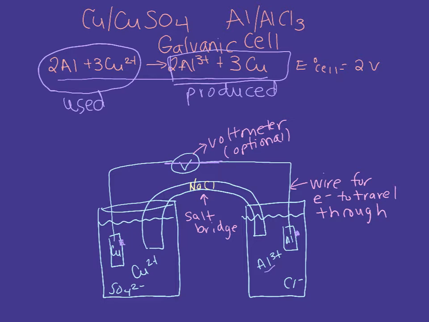So the reason why we start with aluminum 3+ and copper, you actually don't need them. You could replace them with other things. If you put a different chemical in here, so you don't need copper metal to be this electrode. So I'm drawing it right here. You don't need this to be made of copper. You could have it be made of another metal. But if you put some other metal in with copper 2+ solution, you run the risk that another reaction will happen, one that you don't intend. If you put copper with copper 2+, you eliminate that.